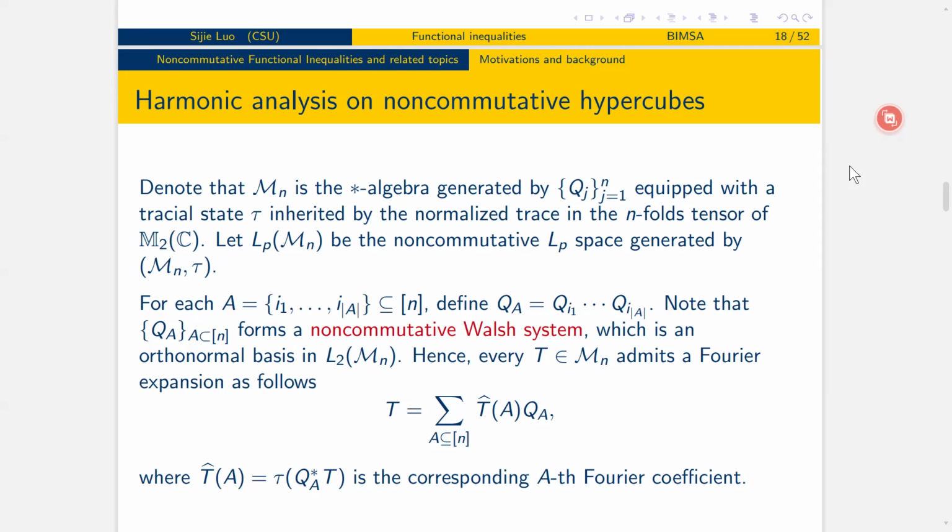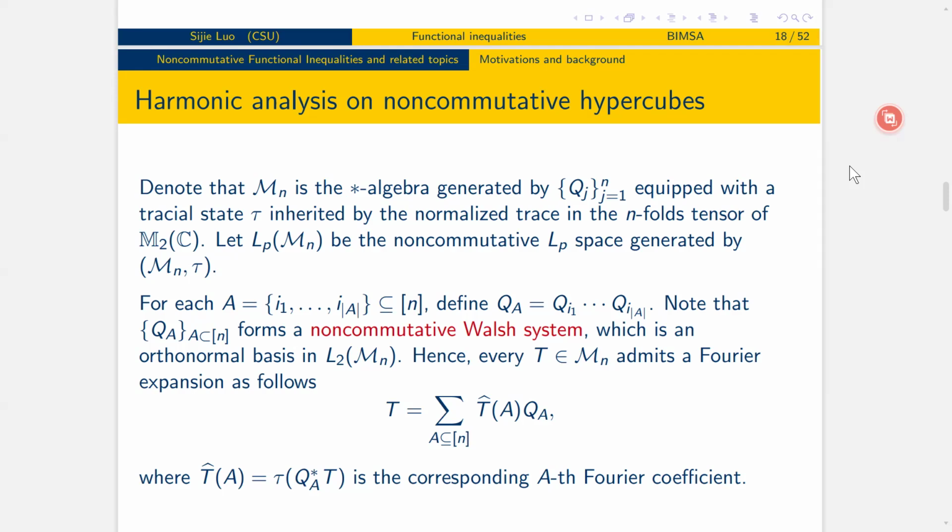From the orthogonal basis, we can use the Fourier expansion and define the number operator and partial derivatives. Every t has the following representation, where this stands for the Fourier coefficient.